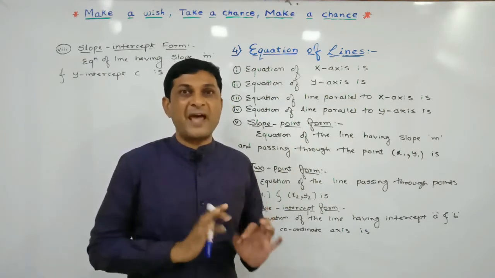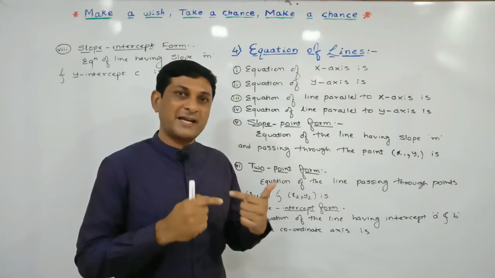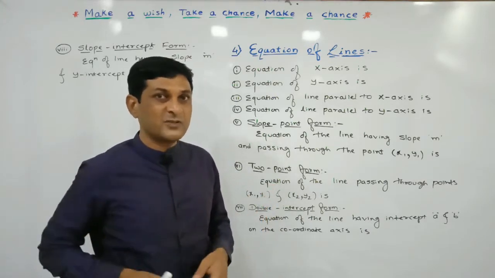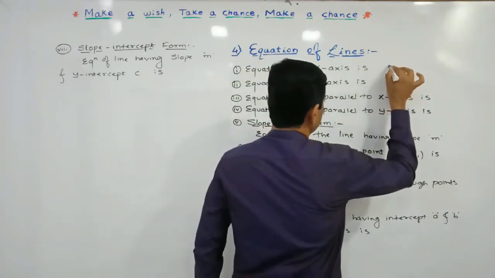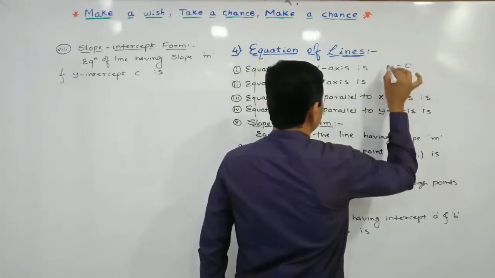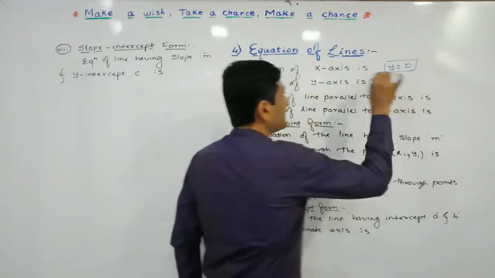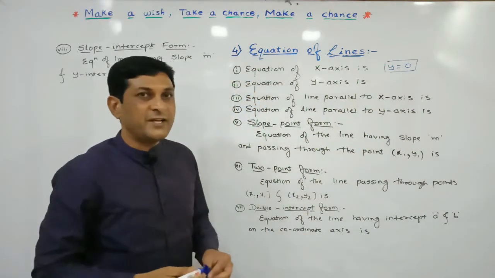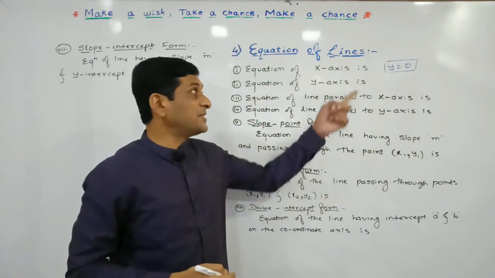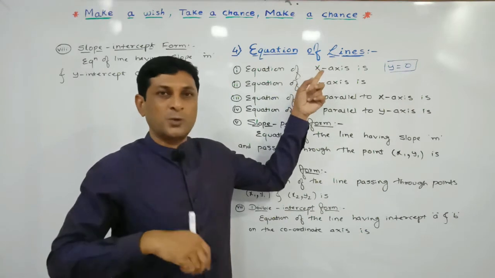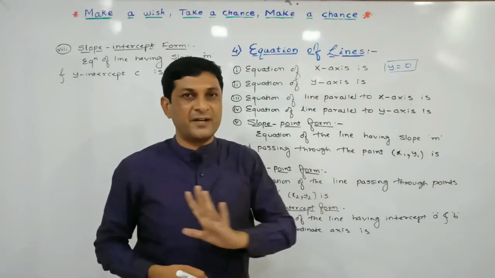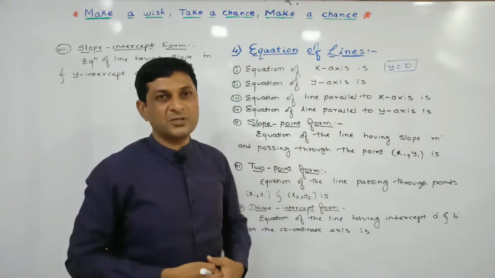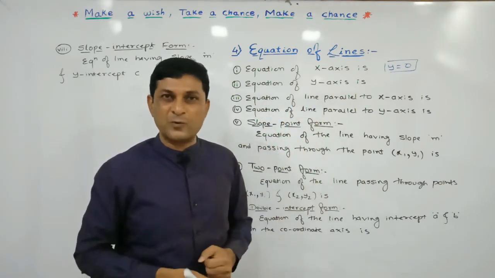The x coordinate varies if the point lies on the x-axis, but the y coordinate is always 0. That's why we can say that the equation of the x-axis is y equals 0. If the y coordinate of a point is 0, that point lies on the x-axis, and if a point lies on the x-axis, its y coordinate is 0. So the equation of the x-axis is y equals 0.